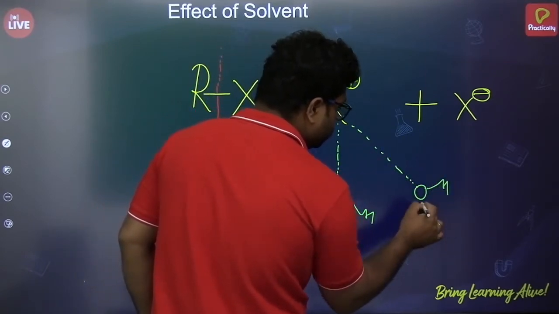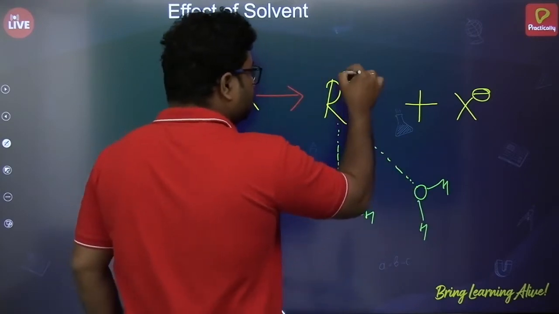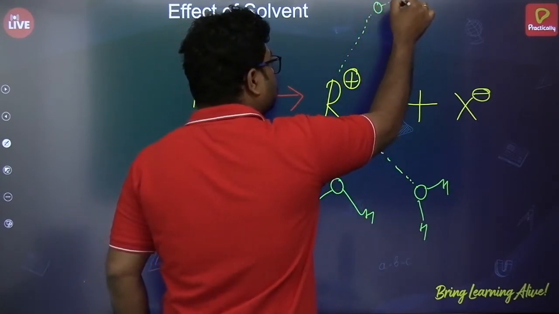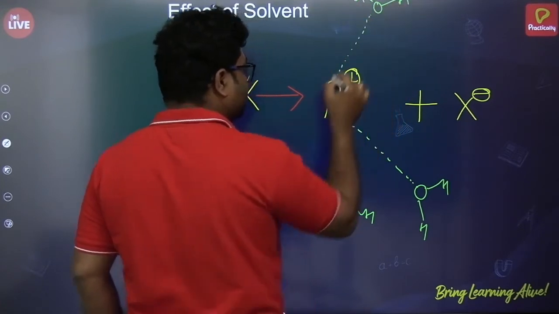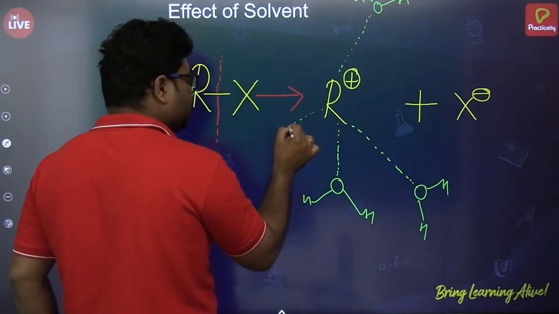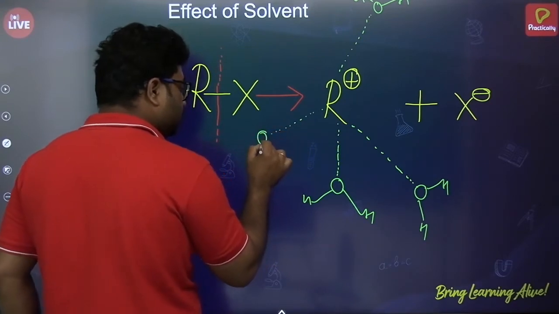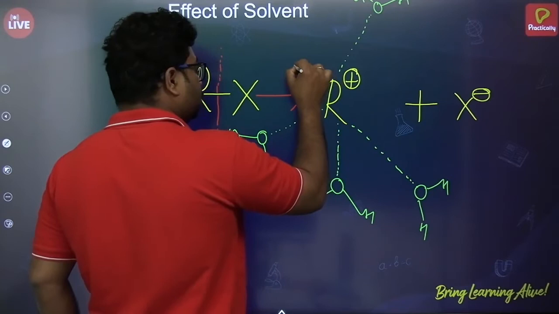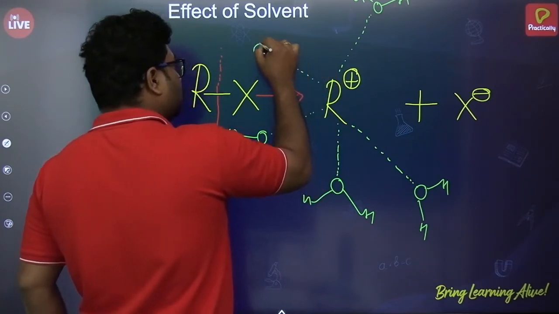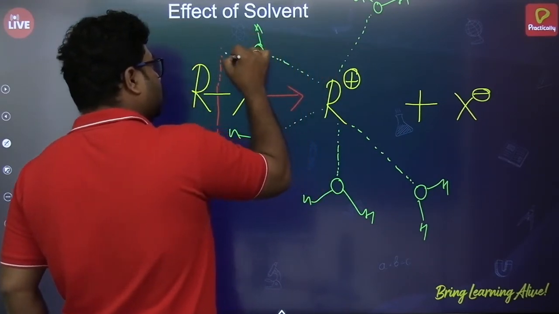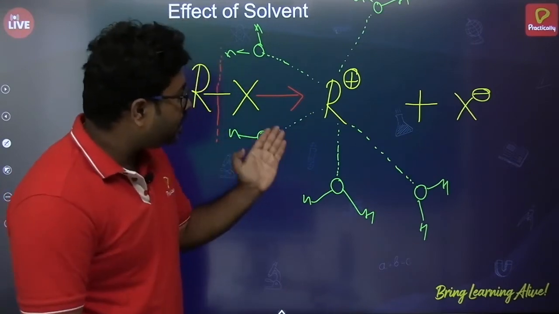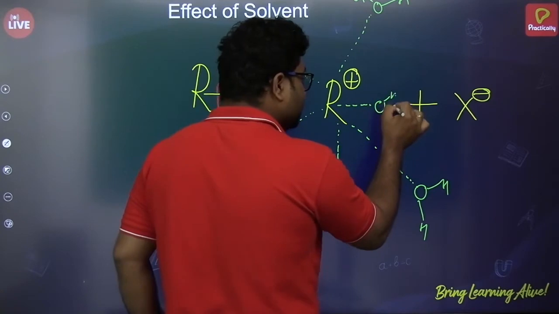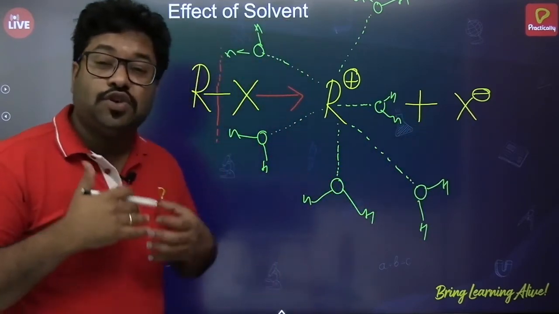Just like this, your water is solvating your R plus from all the sides. Now, why is it solvating through oxygen only?